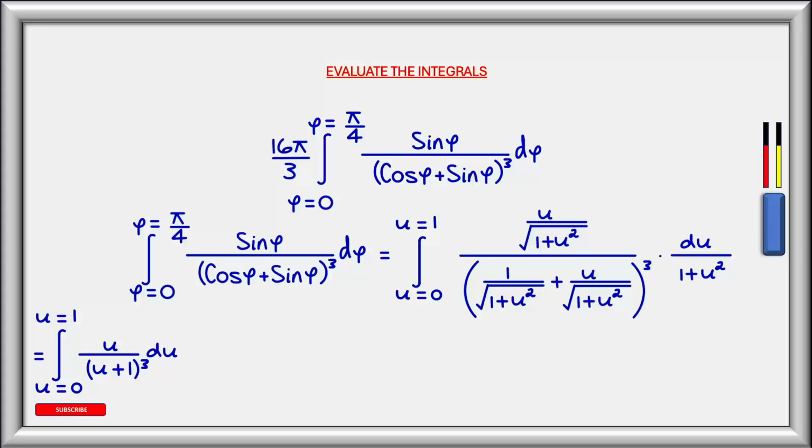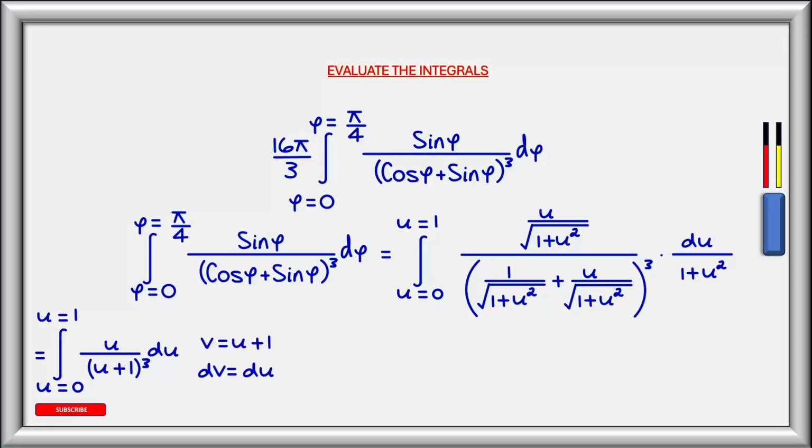If we now make the substitutions for dφ, sin φ and cos φ in terms of u, and change the limits of integration to reflect this, we get this integral here, which simplifies to the integral from u equals 0 to u equals 1 of u divided by u plus 1 all cubed du.